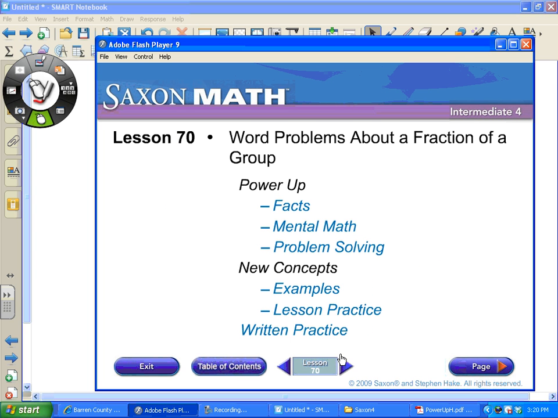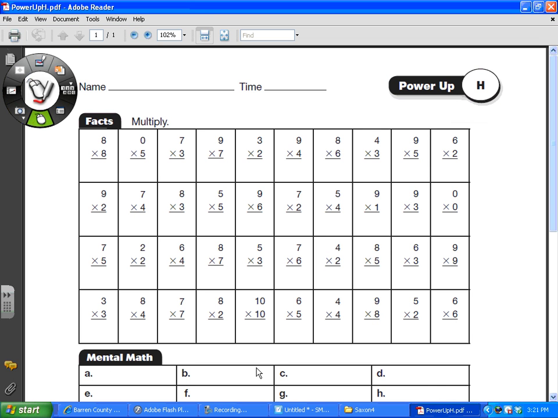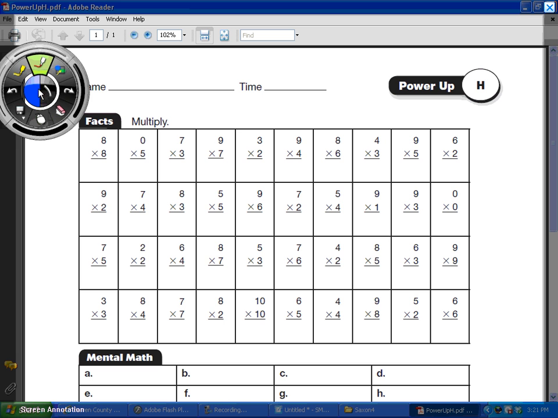Okay, we're going to go back and do some power up, some mental math. Let's see if you can think of the answers as quickly as I can write them. 8 times 8.